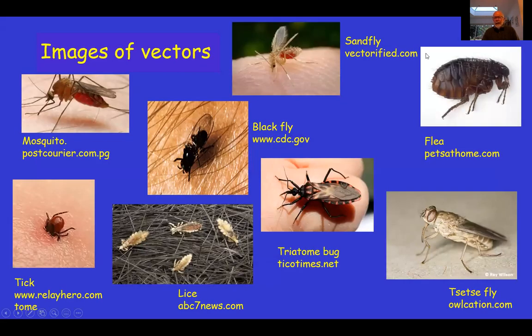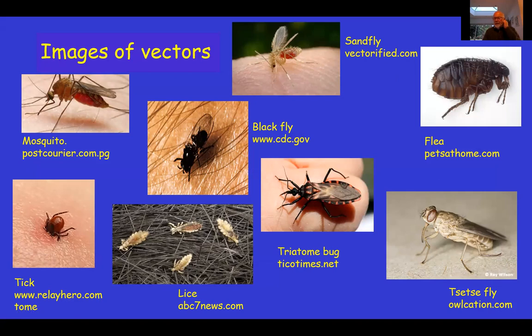So here's an array of these vectors. We have the mosquito. Here we can see the abdomen reddish because it's had a blood meal. Beautifully designed for taking blood from you. Sandflies as well. You can see here the stomach is full of blood, protein rich, so that's why they're trying to bite you.